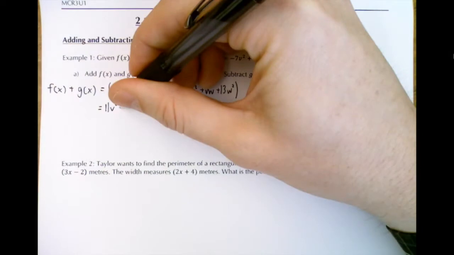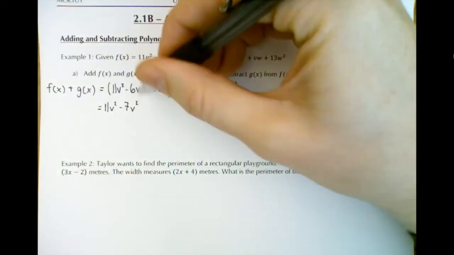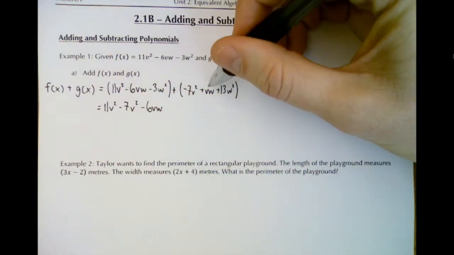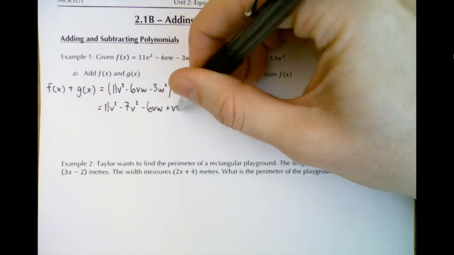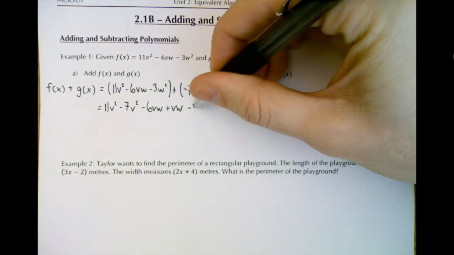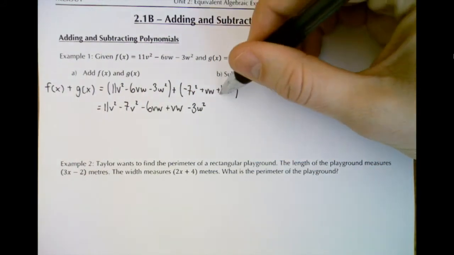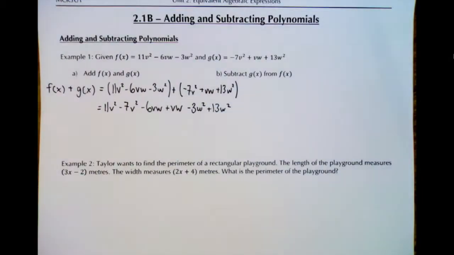So when I open it, I'm going to write it next to the other v squared term. The first bracket has a negative 6vw, and the second bracket also has a vw term, so I'm going to write it next to my 6vw. And the last term in the first bracket is negative 3w squared, and the last term in the second bracket is 13w squared.